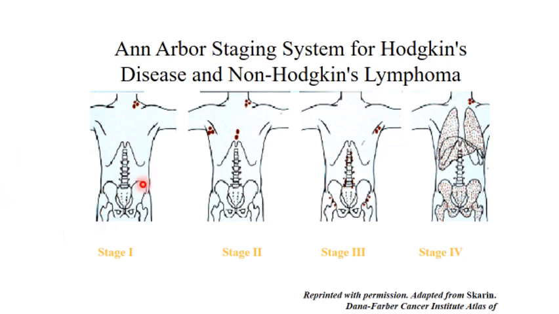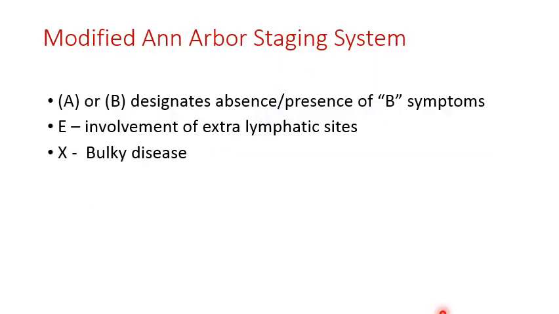So this is the diagrammatic representation. Stage 1, one group. Stage 2, more than one on the same side of the diaphragm. Stage 3, both sides. Stage 4, disseminated disease. In addition, they have further classified the disease as A or B, that is stage 2A, stage 2B, depending on absence or presence of B symptoms.